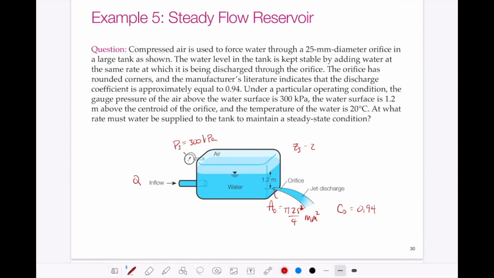So ZS minus Z0, the difference in elevation, is 1.2 meters. Finally, the temperature of water is 20 degrees C. At what rate must water be supplied to the tank to maintain a steady state condition?